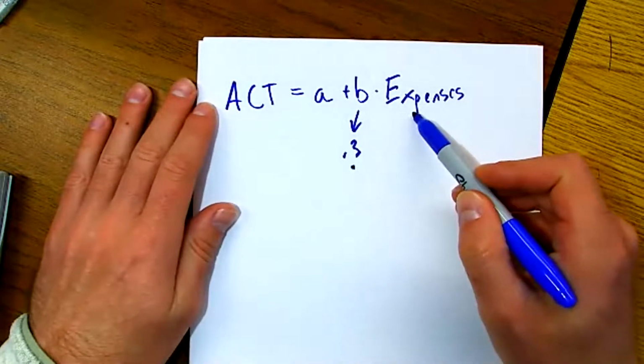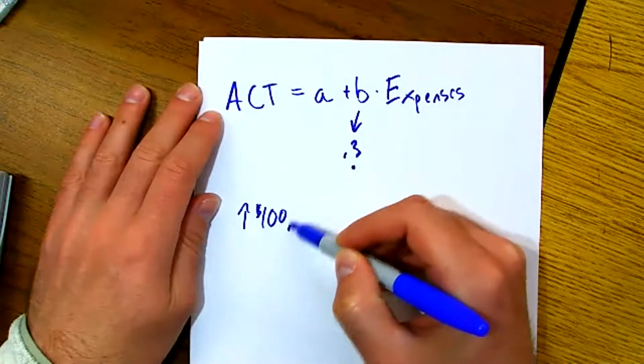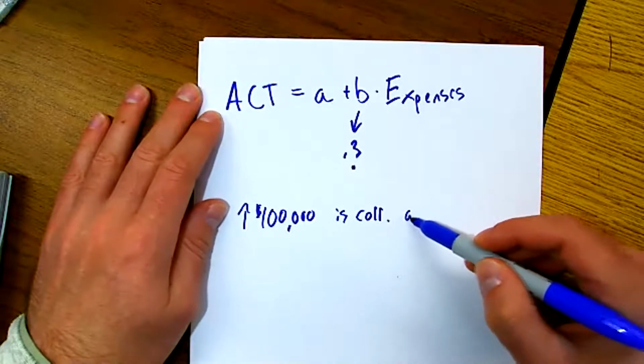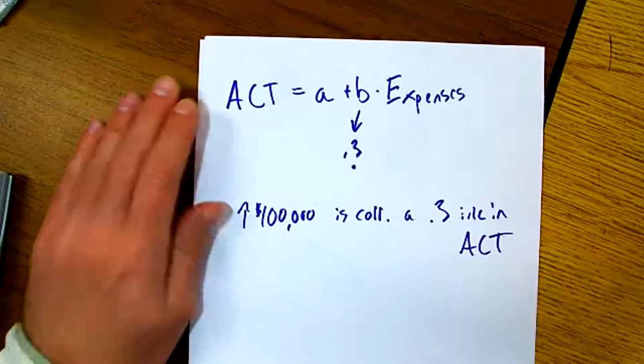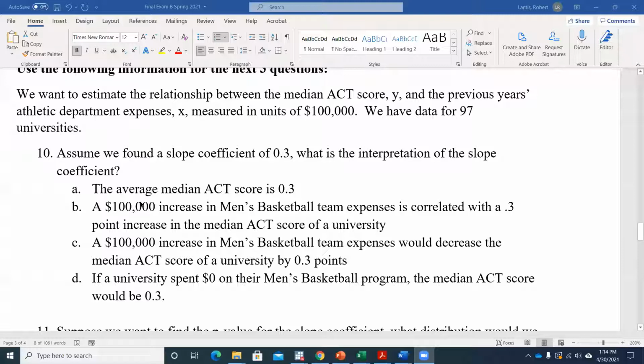So here, if the unit is $100,000, an increase of $100,000 is correlated with a 0.3 increase in that school's ACT. Sorry, it wasn't the athletic department, I had men's basketball here, but that's what I meant. So a $100,000 increase in spending on the men's basketball team or the athletic department is correlated with a 0.3 point increase in ACT score at the university. Okay.